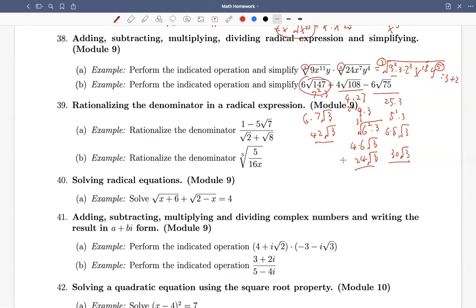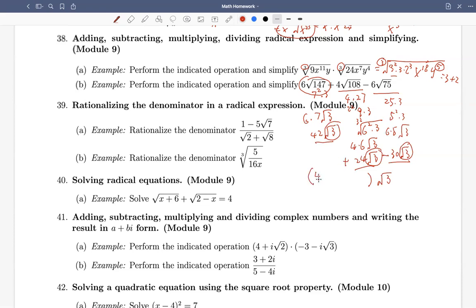Okay, so this is the first number, this is the second number, this is the third number. The first number is addition. This number is subtraction, right? So I have 42 radical 3 plus 24 radical 3 minus 30 radical 3. So you see everyone has radical 3. So this is called like radicands, like radicals. So that means I can pull it out, it's like a common factor, right? Radical 3 is in the 3 terms, like a common factor.